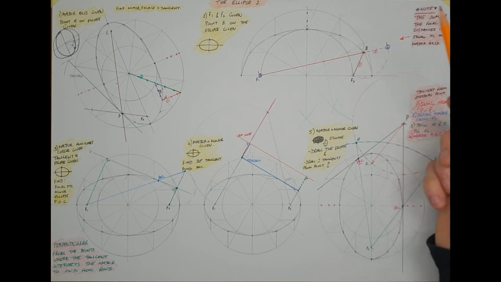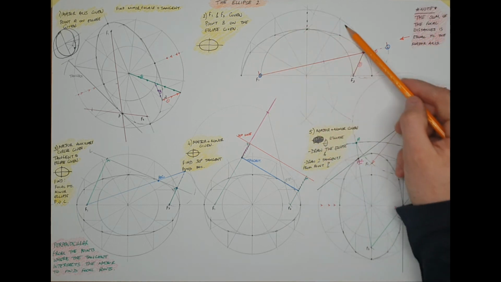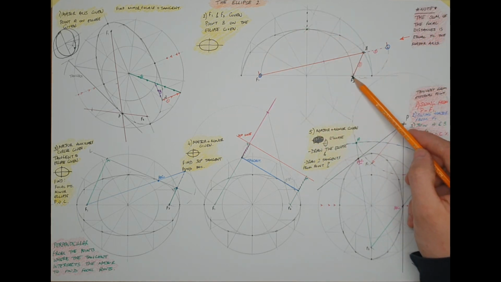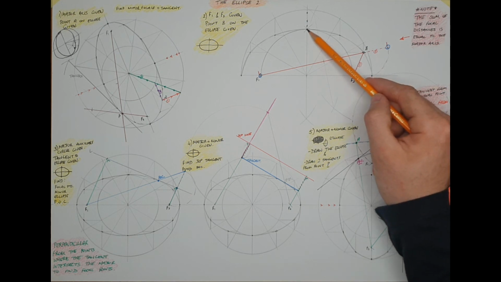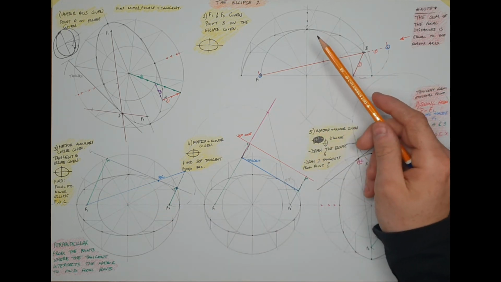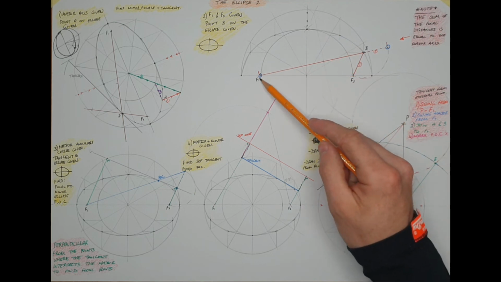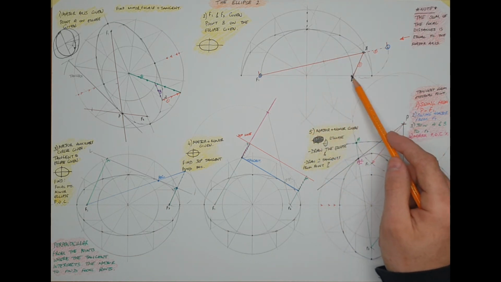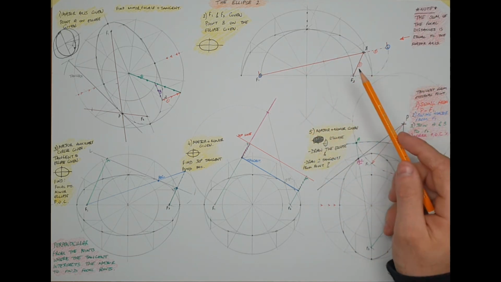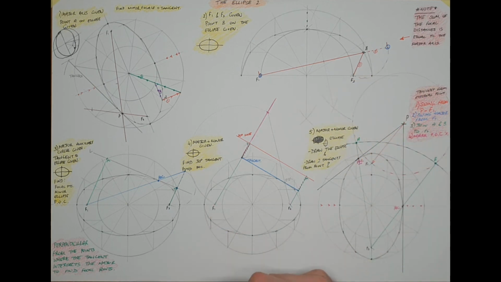You've learned also where you're given the major and a focal point and you can establish a minor. You could also of course be given the minor axis and a focal point and you have to find the major. Same learning applied in a different way.